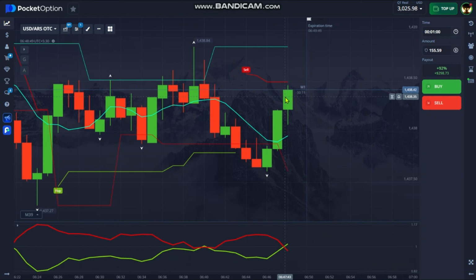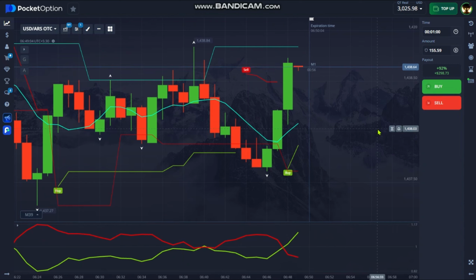I have the sense of trading now, so I can guess where the next candle is going. If it is going downward, I can put a trade in the downward direction. No, it's going upwards. So we can put a trade upward.